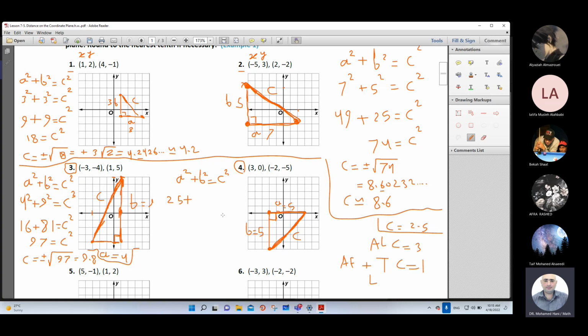And b is also 5 squared, which means 25, equals c squared. Now 25 plus 25 will be 50, equals c squared. So c means the square root of 50.